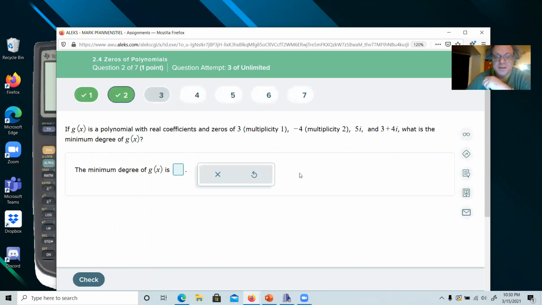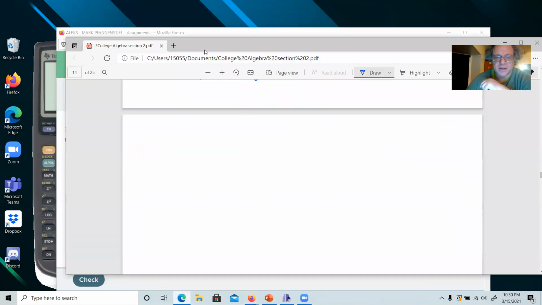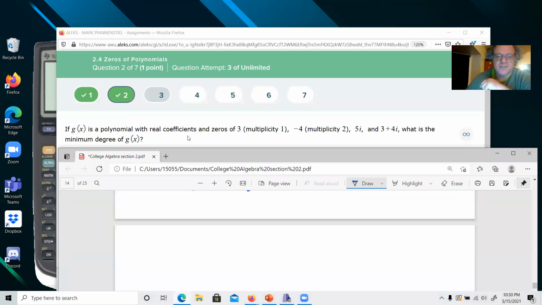Okay, number 2. We're going to pull up our little sheet here for this one. So g of x is a polynomial with real coefficients, and we have x equals 3. And how many times does this happen? Multiplicity 1.